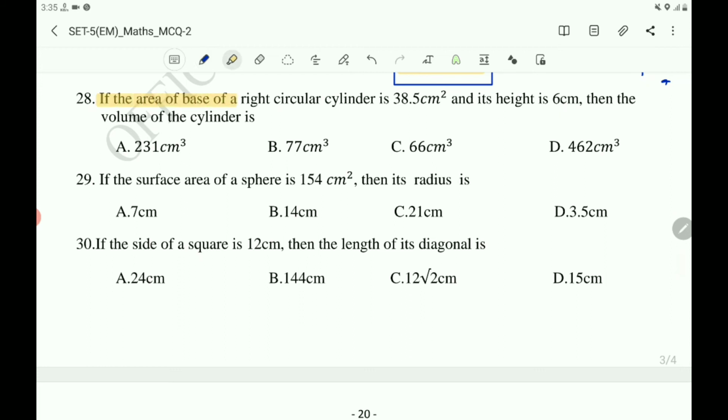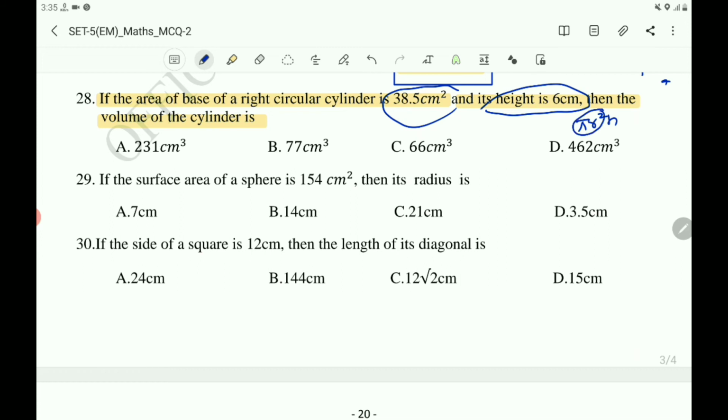If the area of the base of a right circular cylinder is 38.5 cm square and its height is 6 cm, then the volume of the cylinder is. Here the area of the base and the height are given. You know the formula for the volume of a cylinder, that is pi r square h.